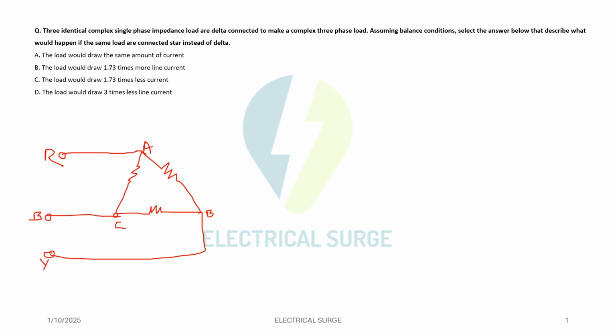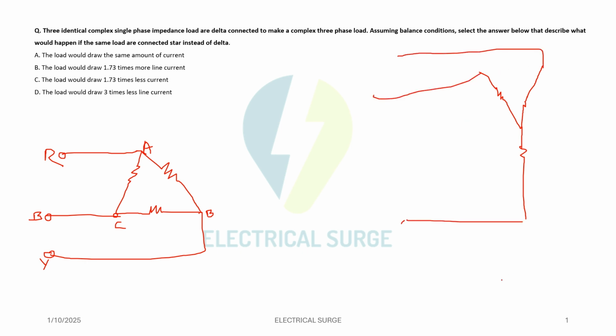Let us also draw, at the same time, a star connected system. In the star connected system, we will draw like this: Y connected or star connected. R, Y, B. Now let us assume that we are supplying 400 volt.